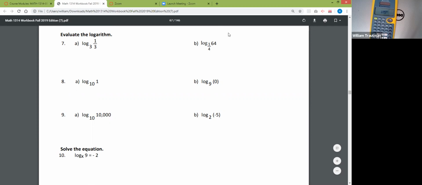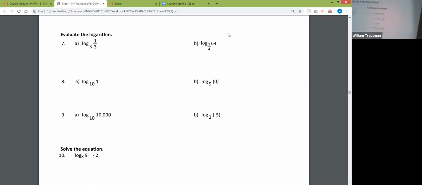On our formula sheet, the one that says Math 1314 formula sheet, I'm looking down here at the change of base formula.